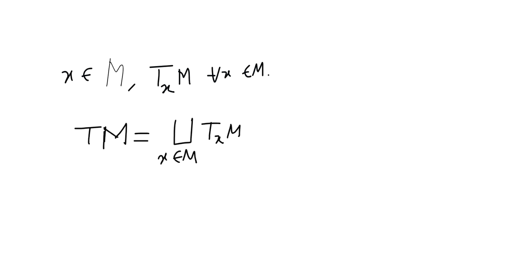So you can show that this is a smooth manifold. That is to say that if you start with a manifold, let's say smooth manifold, and then at each point you look at the tangent space, you take the disjoint union of all of them as X varies over M. That is your set TM. That is a set till now, and then you can equip this TM with the structure of a smooth manifold.